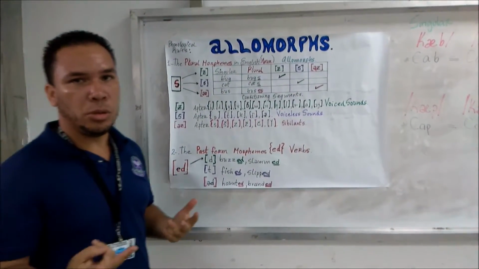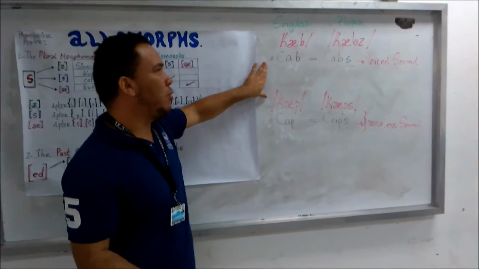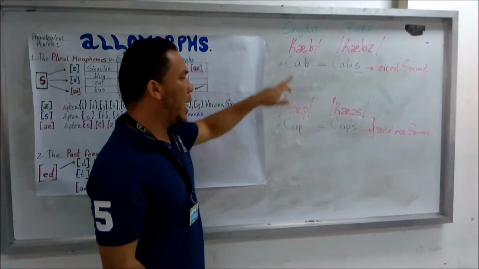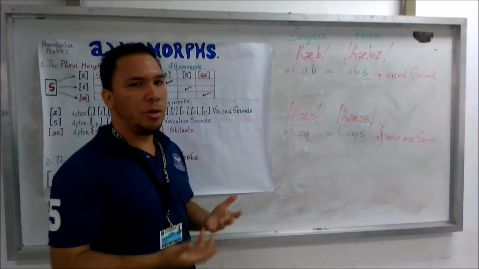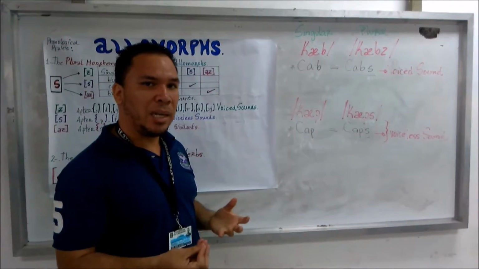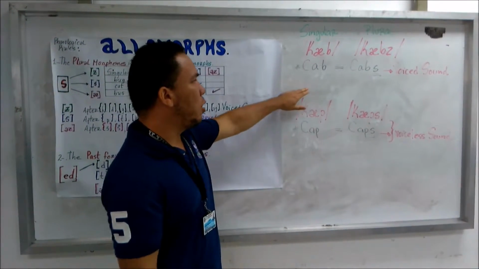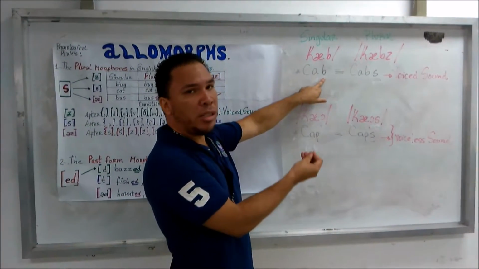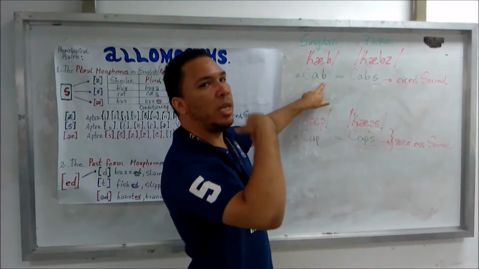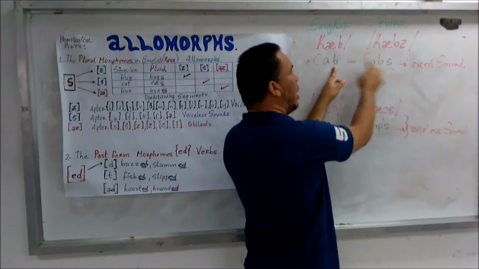We have two examples. We have two nouns, car and cat. Both nouns are similar, but the final segment is different. So, car, the final segment is a voiced sound, so the allomorph in the plural is z.